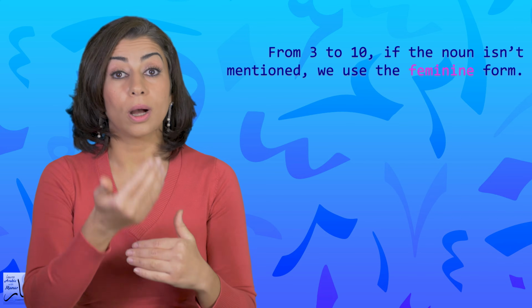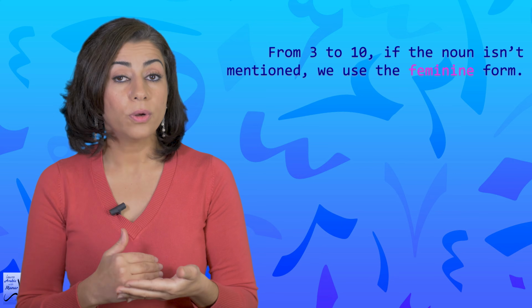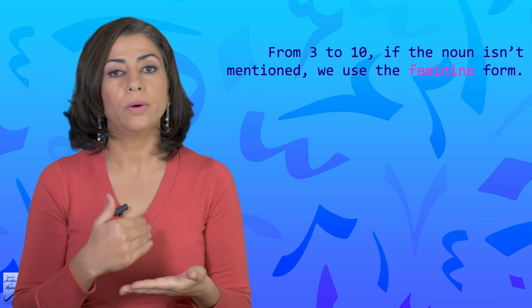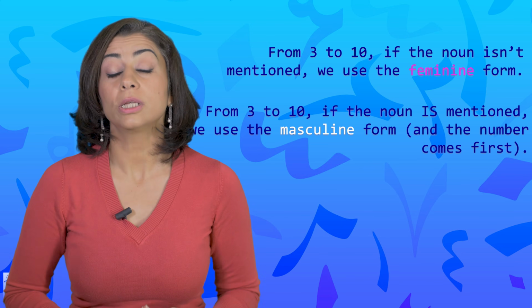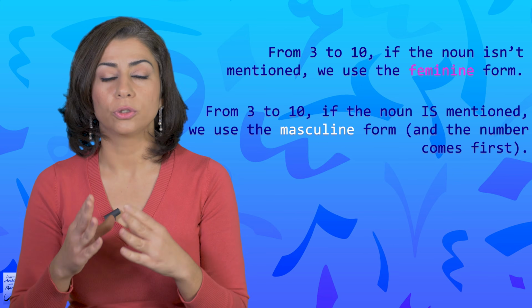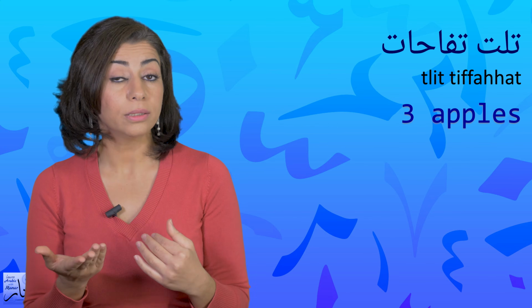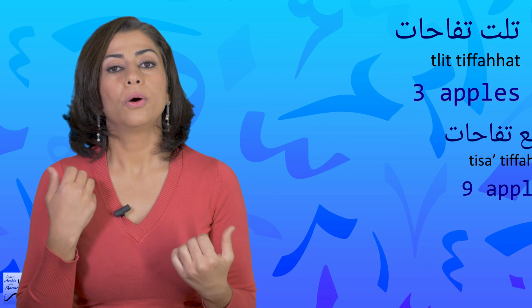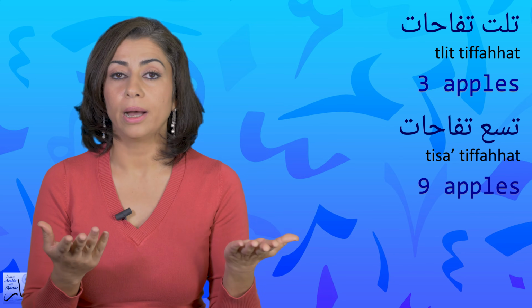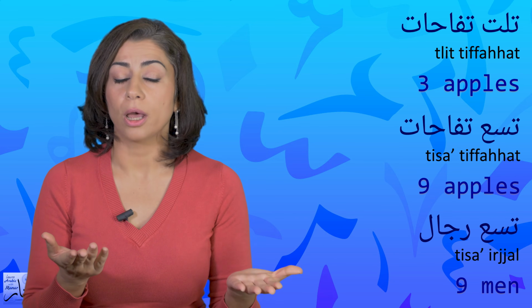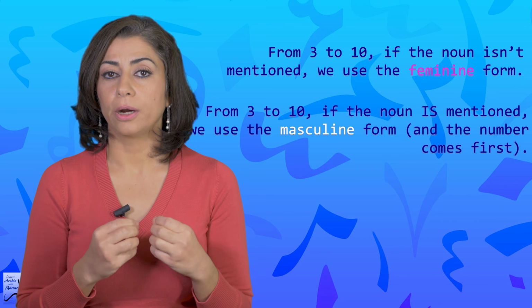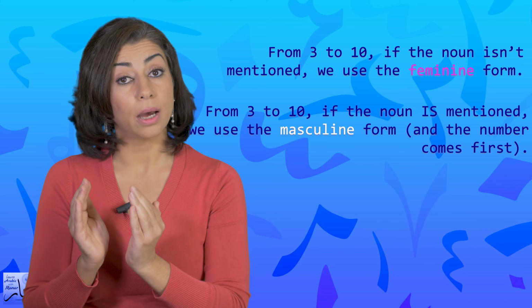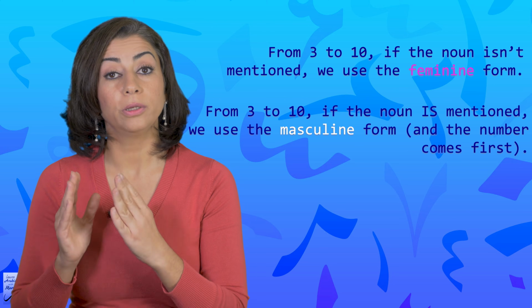But if you want to answer with the noun and the number, now in this case you will use the masculine number. So you will answer 9 تفاحات or 9 رجال. So when we are using only the number, we are using the feminine form.